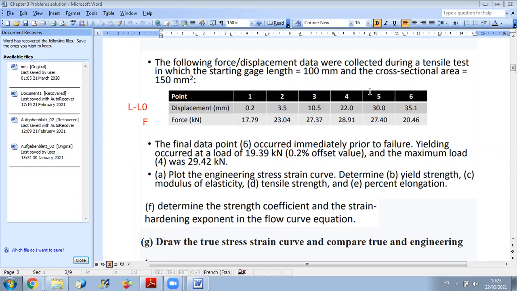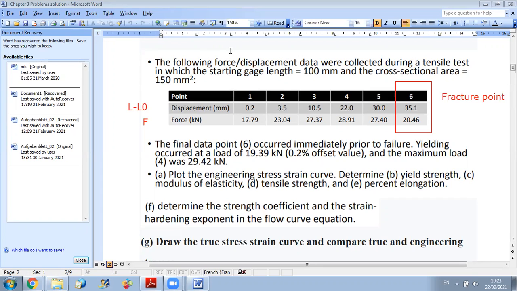And from these characteristics, we will draw the engineering curve. Now they told us that the final data point 6 occurred immediately prior to failure. So this is the final point, the fracture point. We have that the yielding occurred at a load of 19.39 kilonewton.